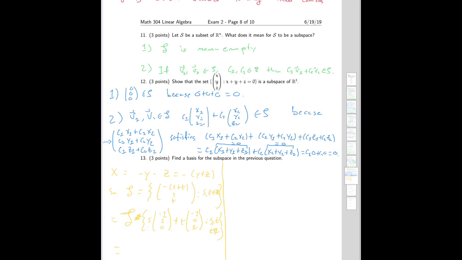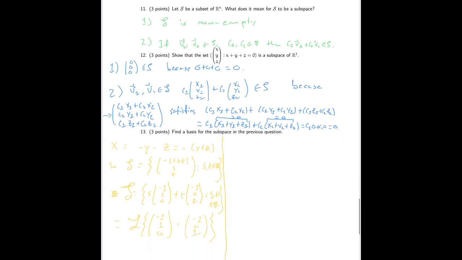But notice this is exactly just the linear span of the vectors (-1, 1, 0) and (-1, 0, 1). Okay, so these two vectors are a spanning set for S.